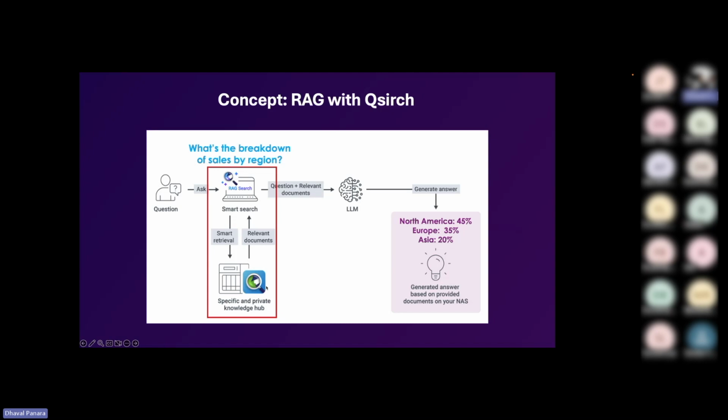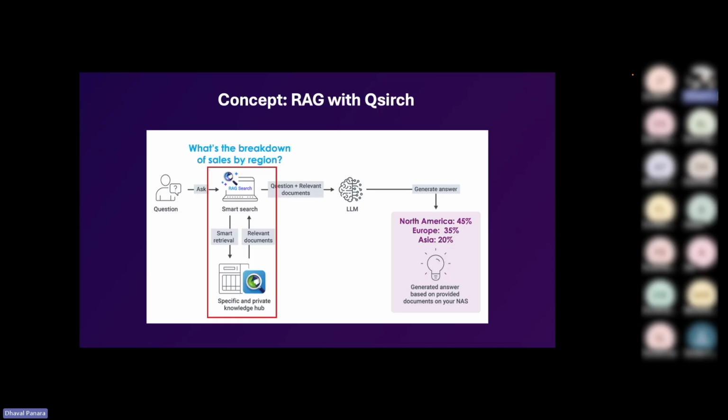Qsirch will look at your database to find all the information regarding the regional sales information. Once that information is found, it will upload that to the cloud LLM model with the relevant documents and the question you have asked. The LLM model will generate an answer for you and it will provide that answer in the Qsirch. For example, North America is 45%, Europe is 35%, Asia is 20%.